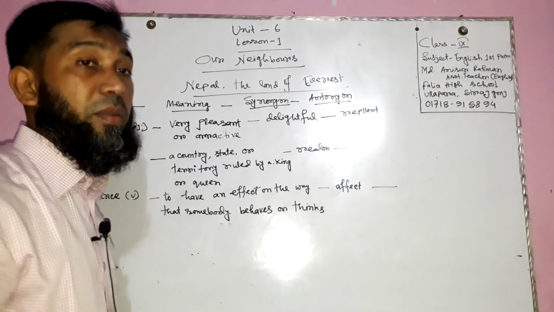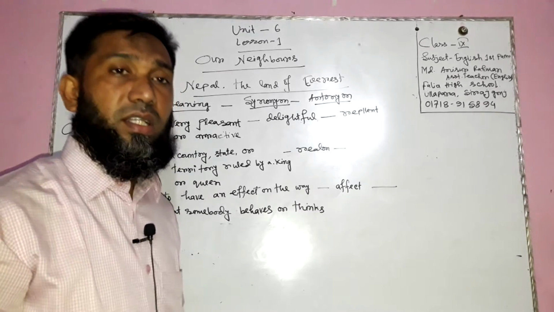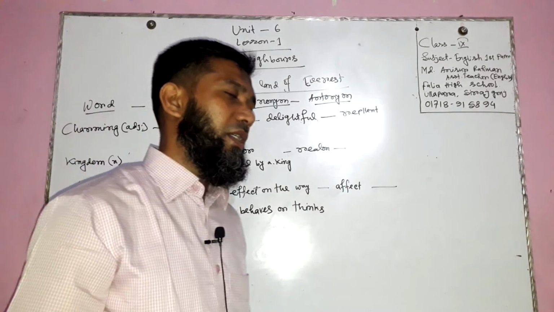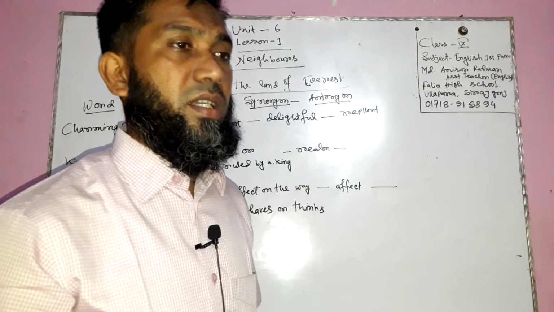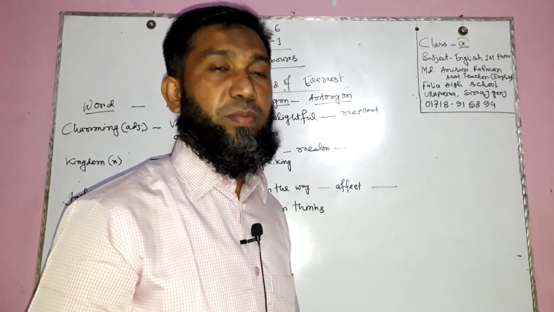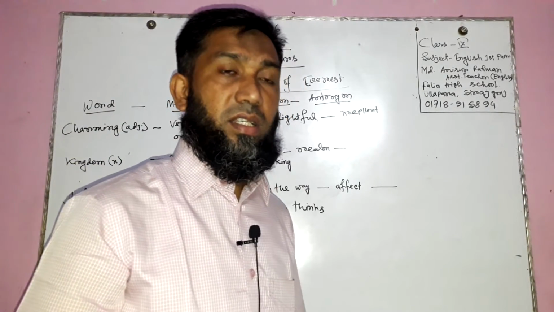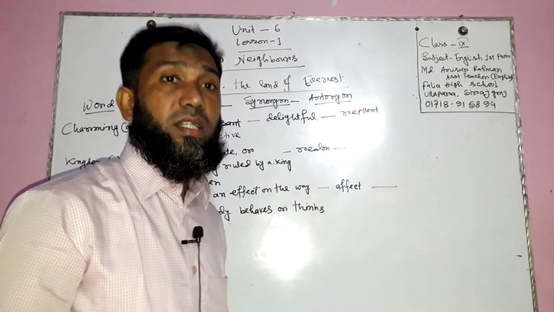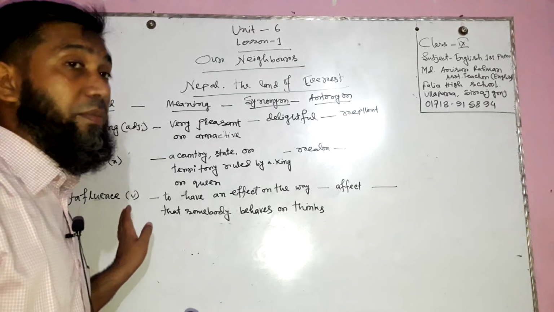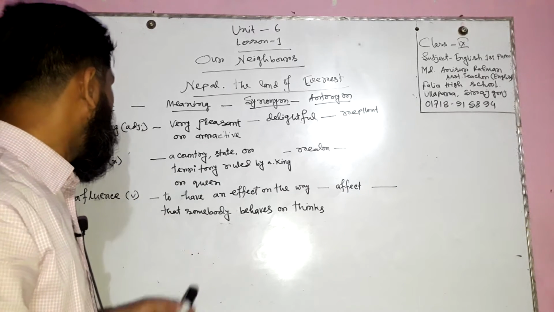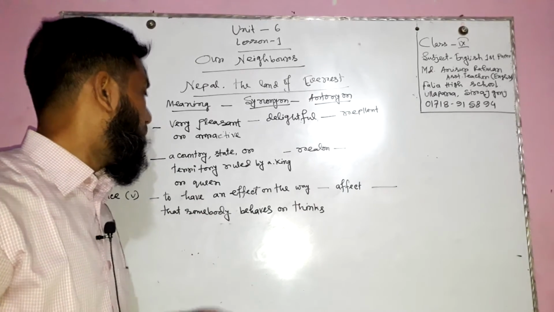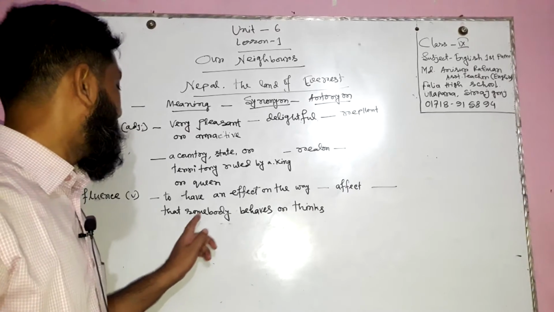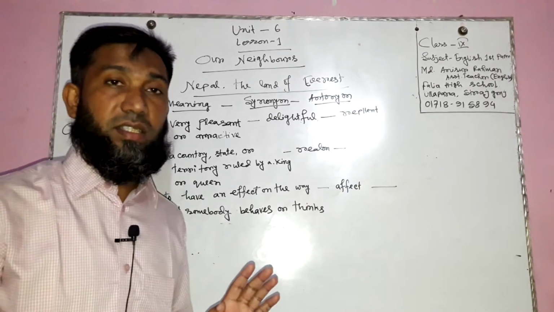Influence. It is also a verb. This word plays a vital role to express action in any sentence. As a result, we call this word a verb, and the meaning of this word is to have an effect on the way that somebody behaves or thinks.